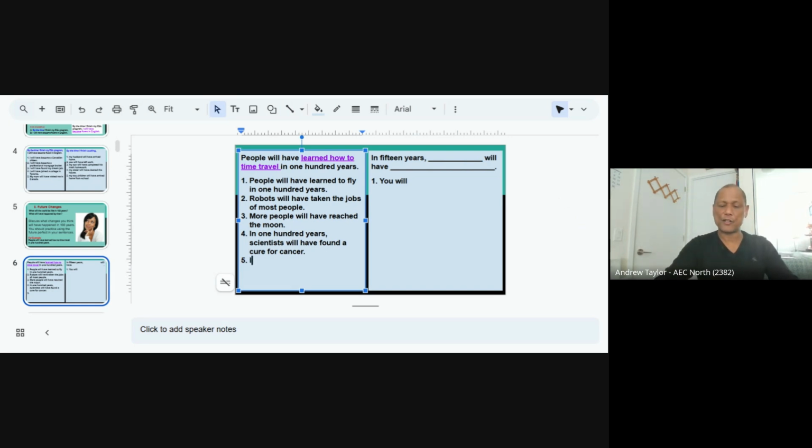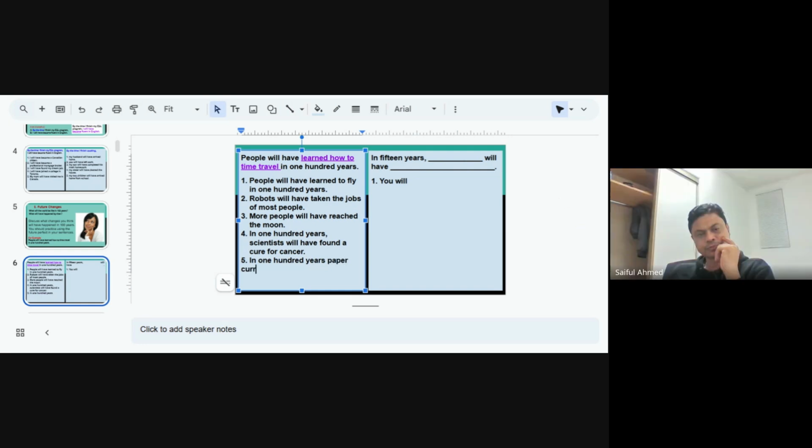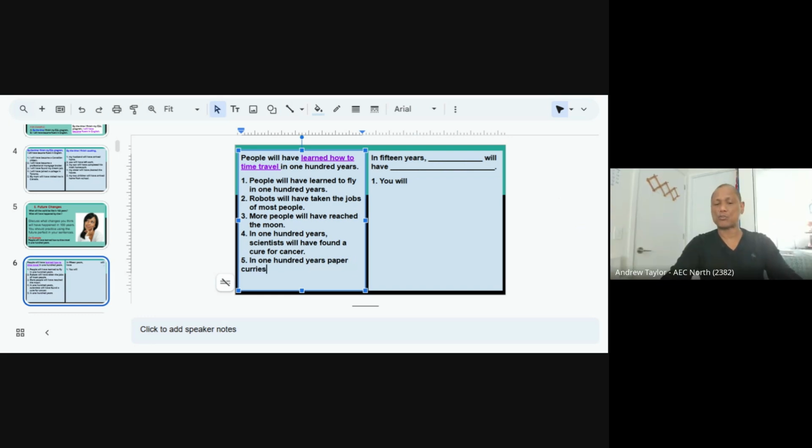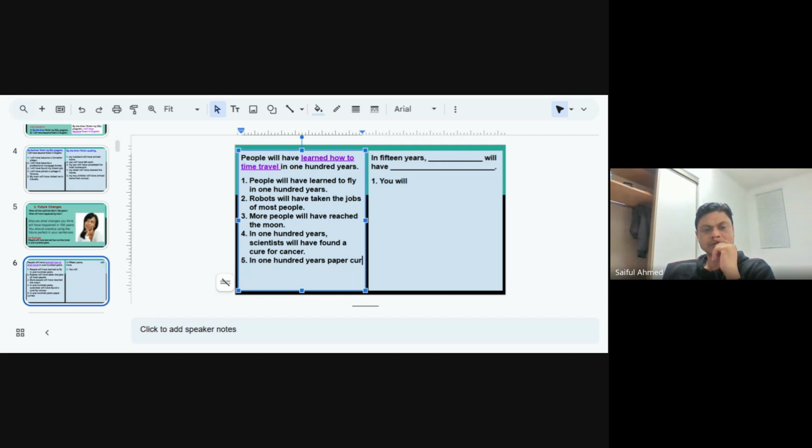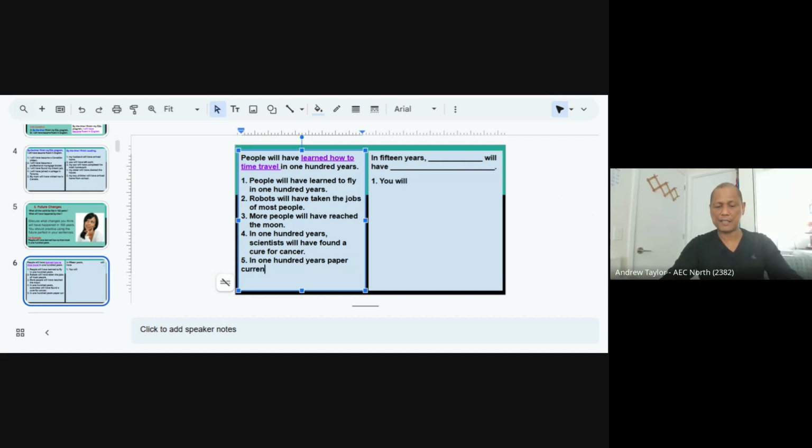In 100 years, paper currencies. Can we say paper currencies? Sure, because bank notes can be any notes, right? Currencies, like paper money.